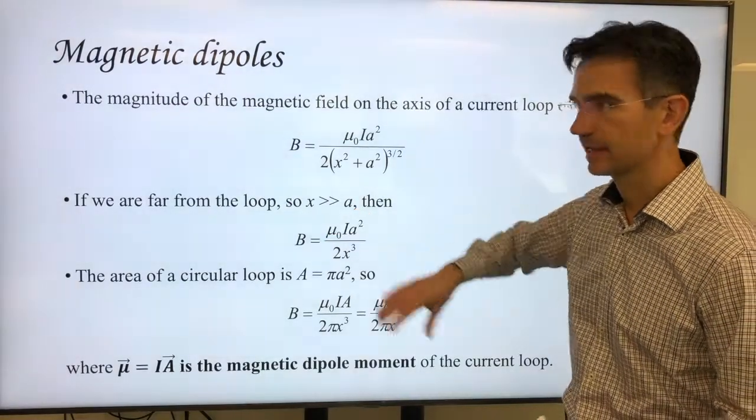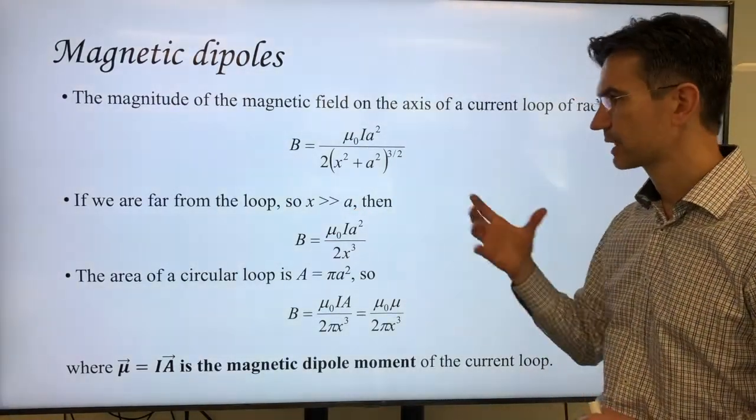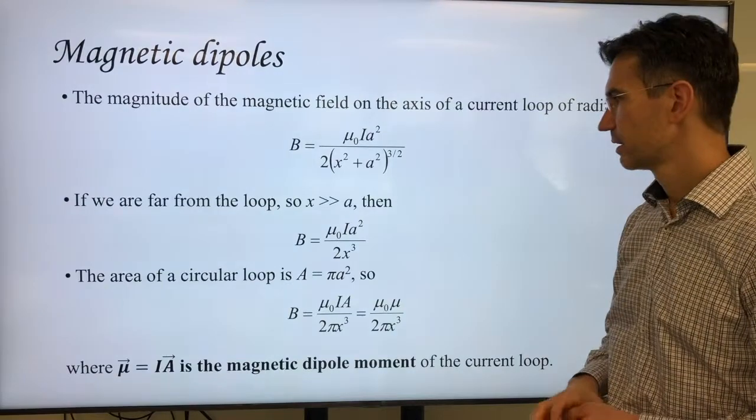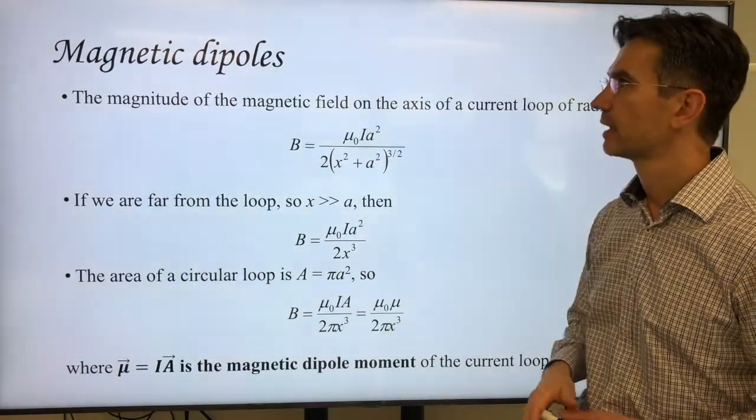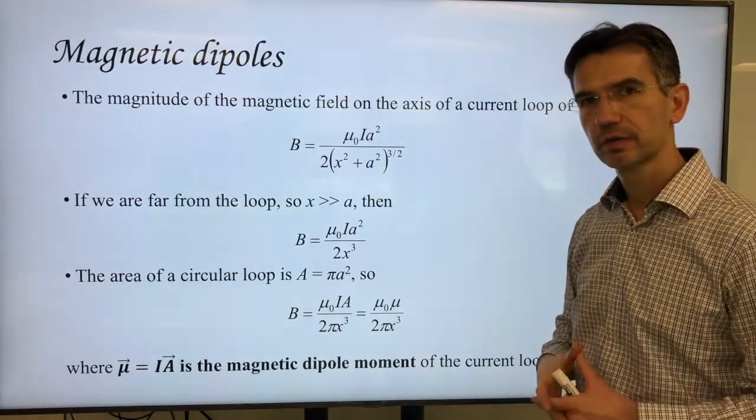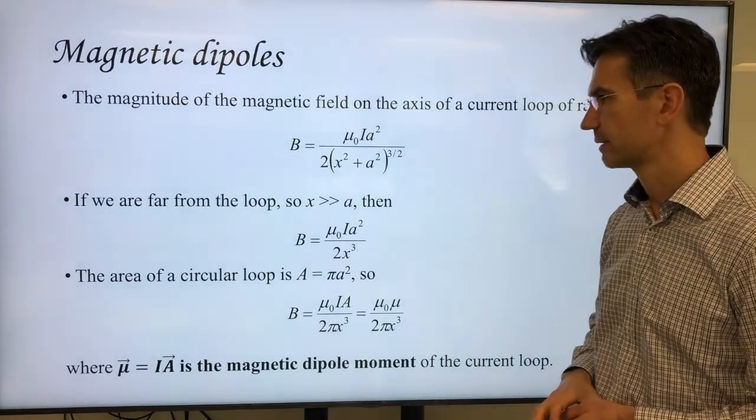So this is the magnetic field strength of a current carrying loop on axis. And this kind of configuration, a current carrying loop, we can also call a magnetic dipole.